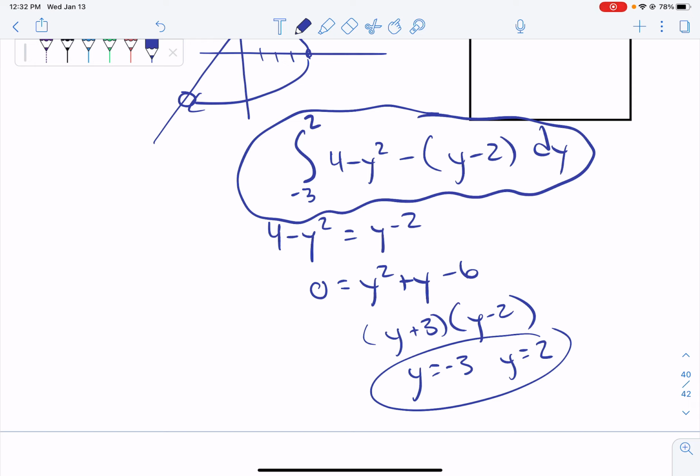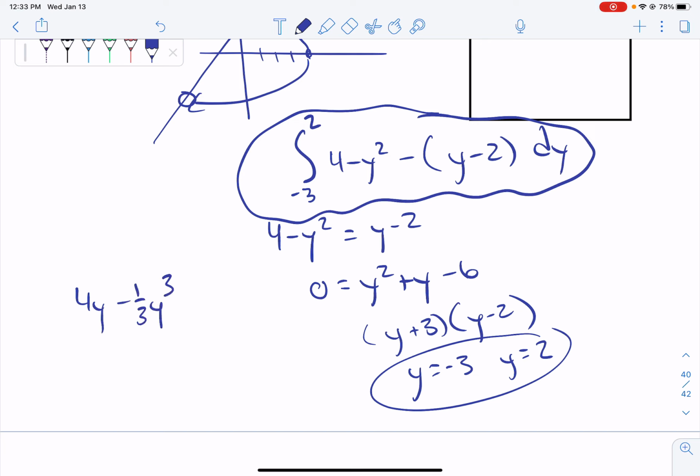So when I integrate with respect to y, well, let's just do it on the calculator. Again, this is probably not going to be a do-it-by-hand problem. If you were doing it by hand, you're going to end up with what? This is going to become 4y minus 1/3 y cubed.